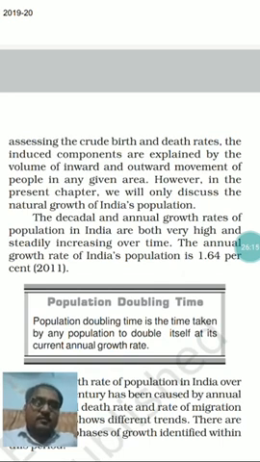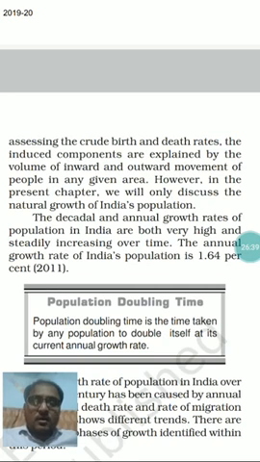So there is no negative change. There is always an increase or positive change in population.